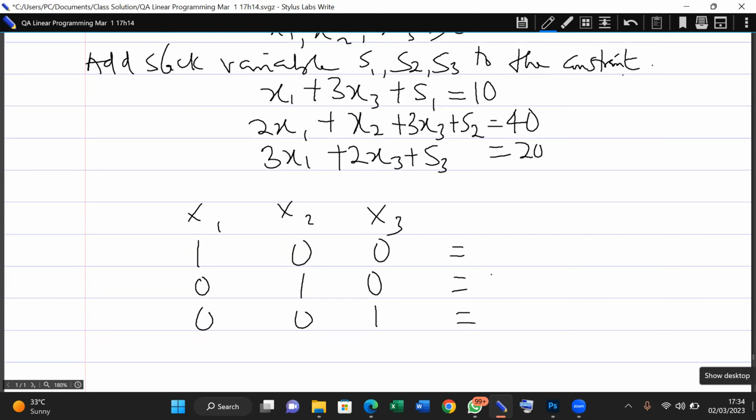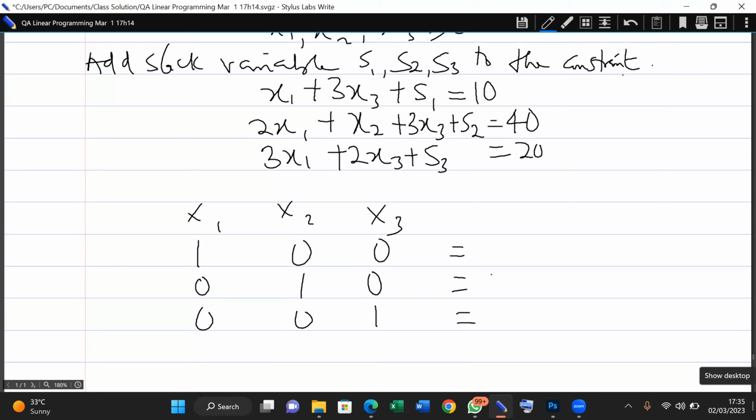Who still remembers how we do standard form? How we write standard form?